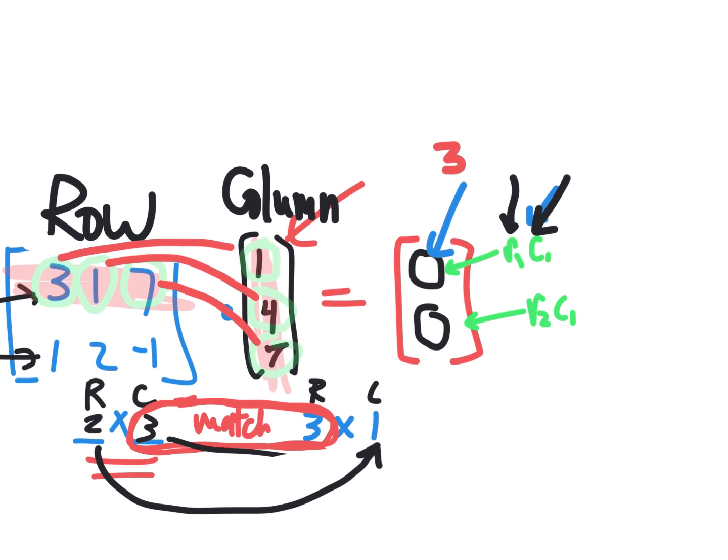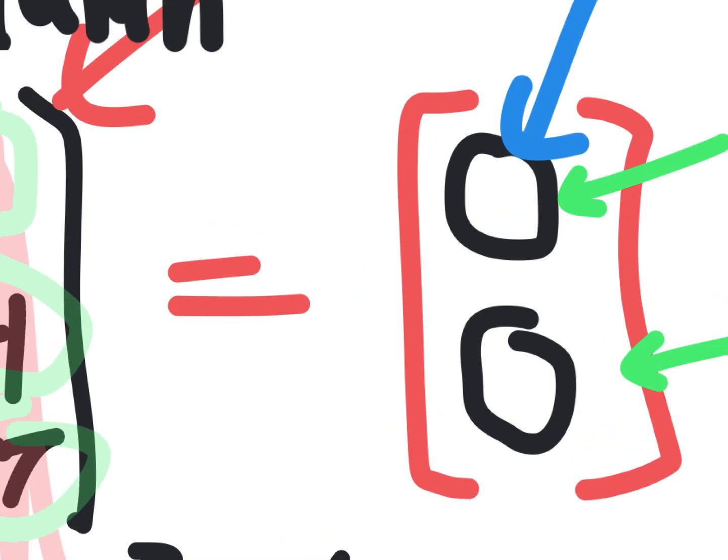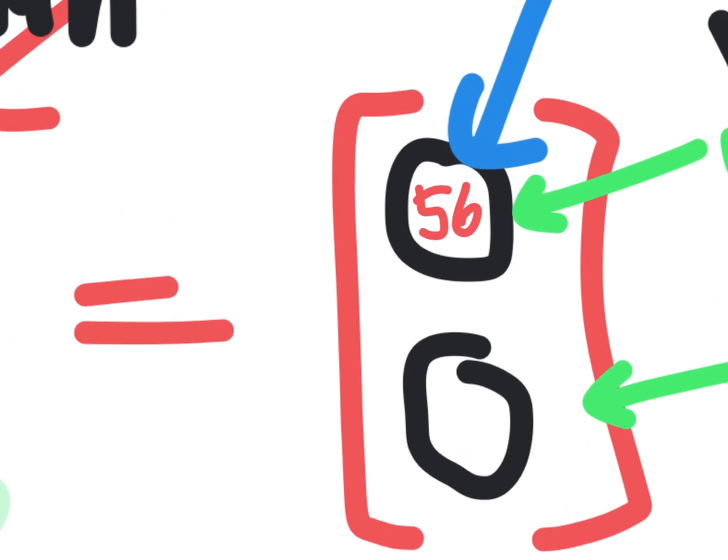It was 3 times 1 plus 1 times 4 plus 7 times 7. That's going to be 49. Anybody beat me to it? 54? Dang it. 7. Yep, sorry. All right, 49 plus 7, 56. You are correct. Nice job. 56. Woo!